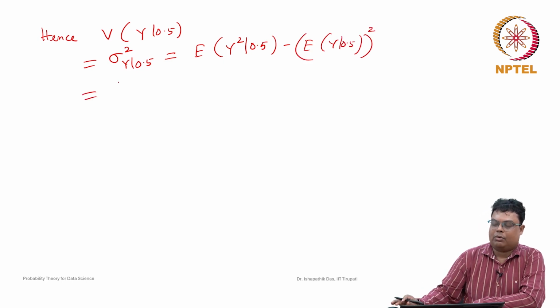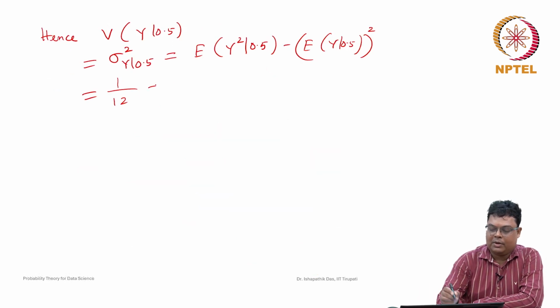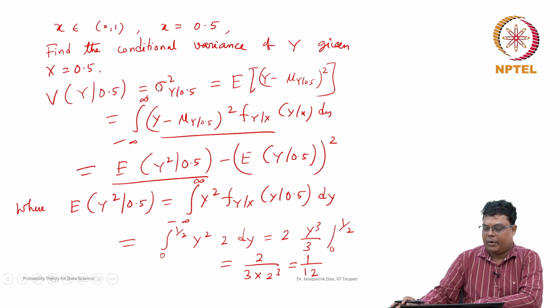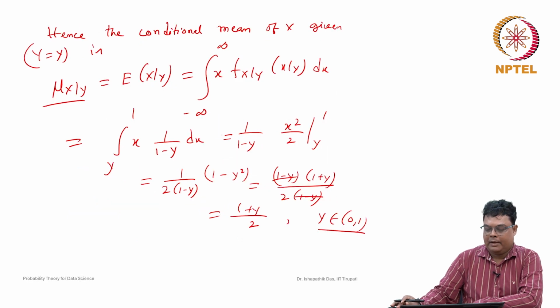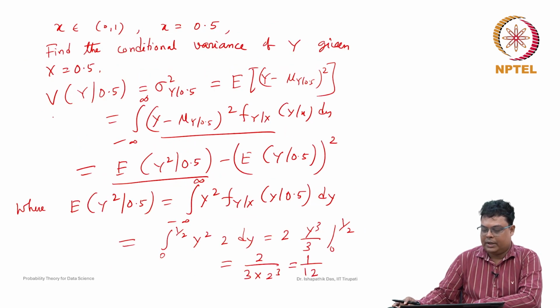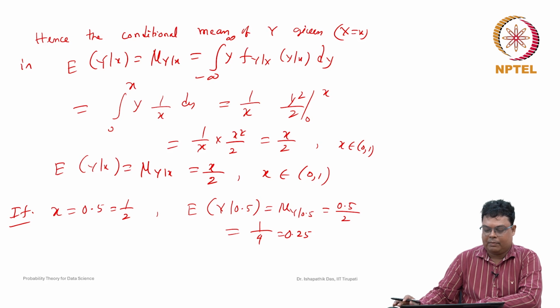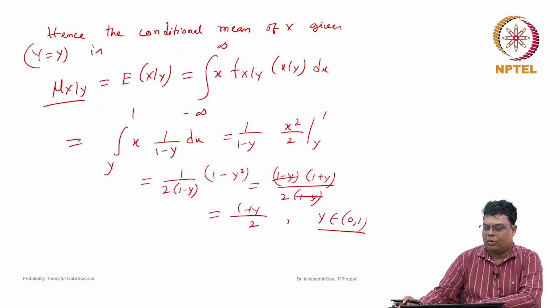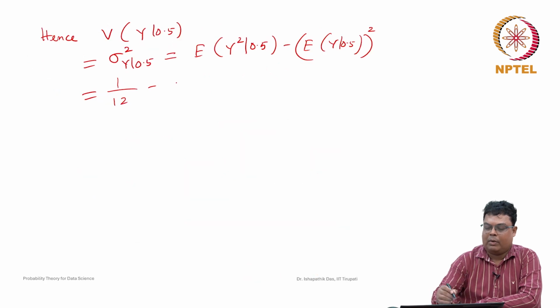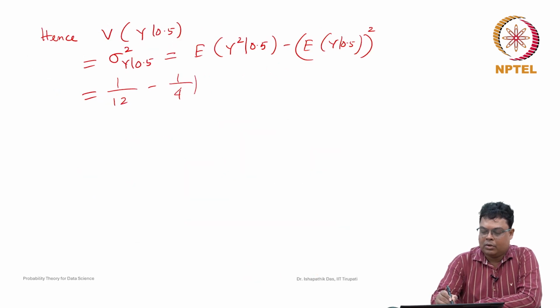So the expected value of y square given 0.5 is 1 by 12, minus the expected value of y given 0.5, which we computed to be 0.25, 1 by 4, whole square.